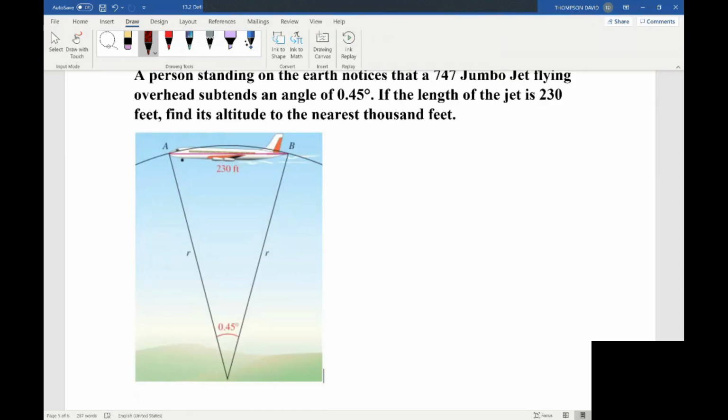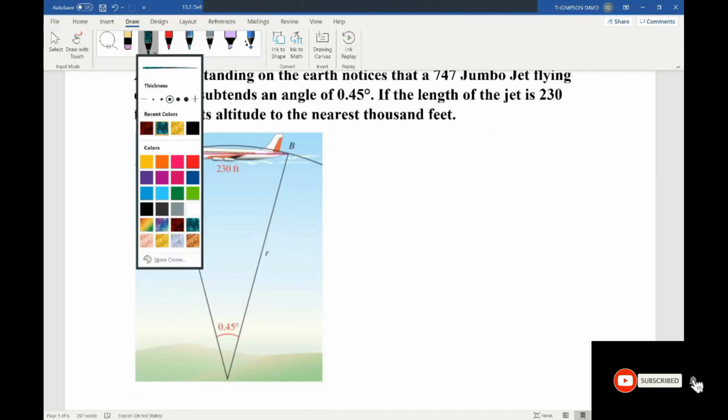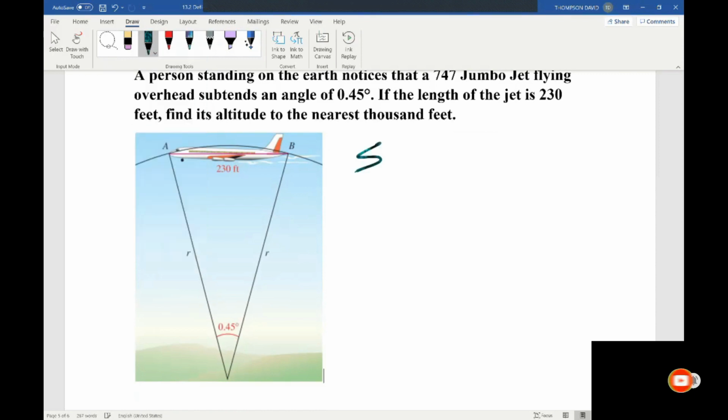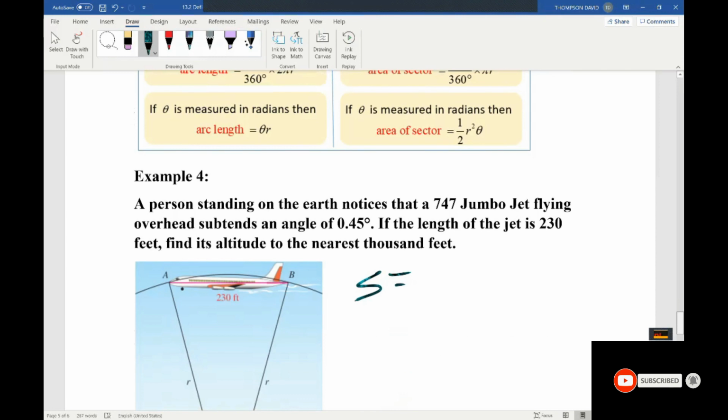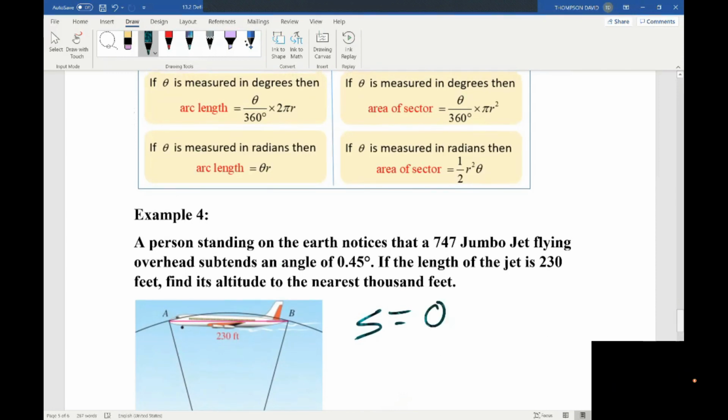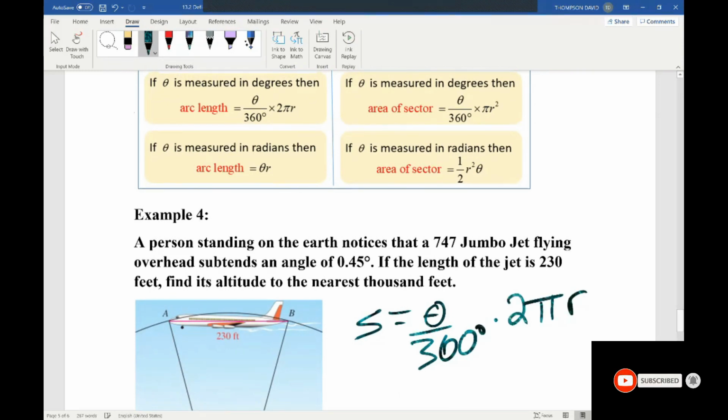To solve this, we need to figure out which formula to use. This is an arc length formula. So we say S equals, this is in degrees, so we need a degree formula, theta over 360 degrees times 2 pi r.